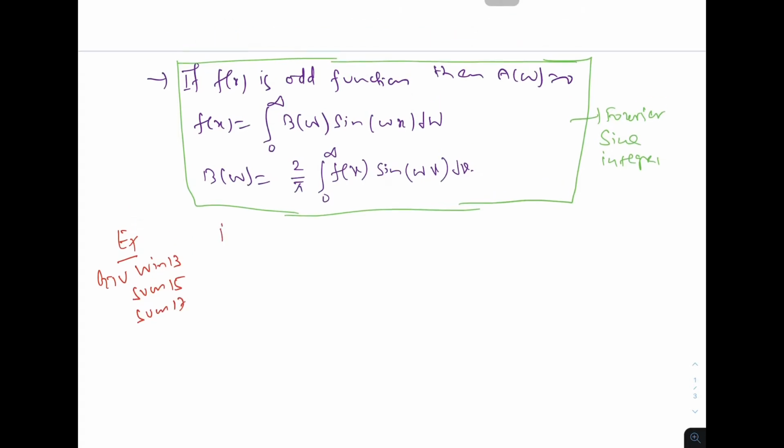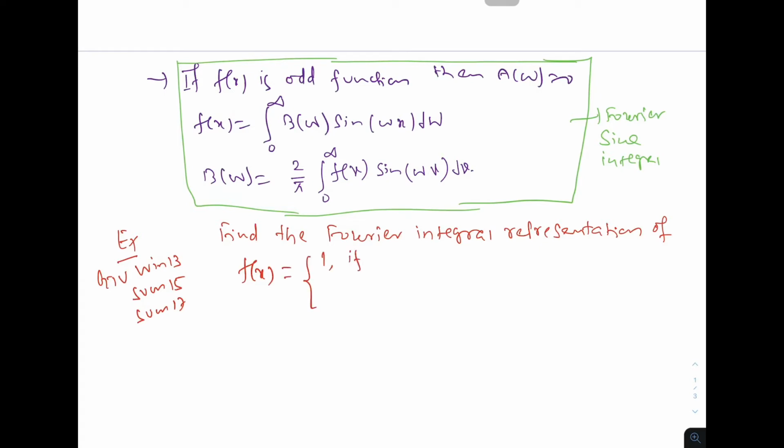The question is, find the Fourier integral representation of f(x) equal to 1 if modulus x is less than 1, and 0 if modulus x is greater than 1.